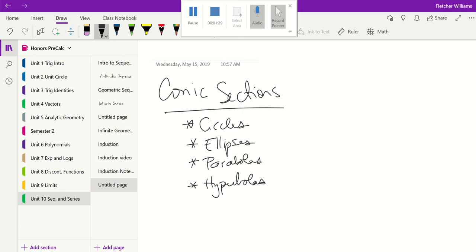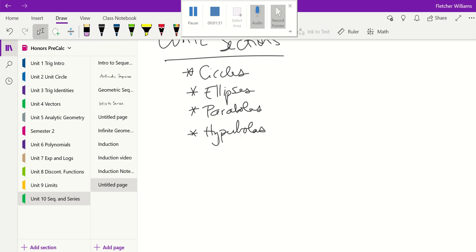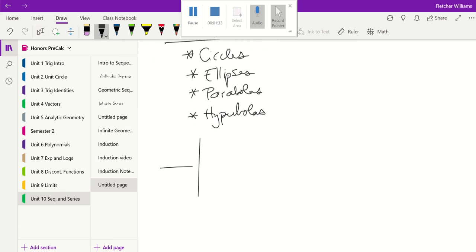And if you have it centered at the origin, at some radius r, you get a characteristic equation, the formula for a circle.